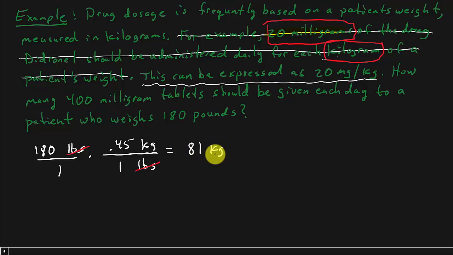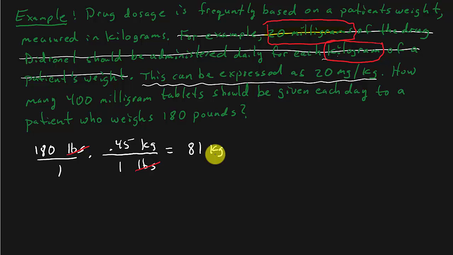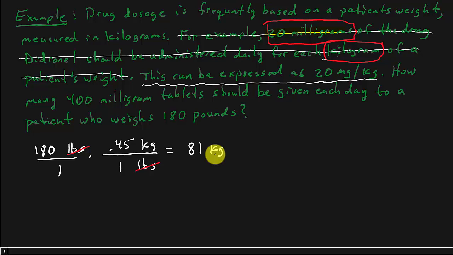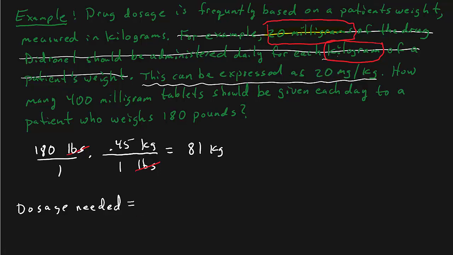All right, now let's see what we've got to do. They want to know how many 400 milligram tablets should be given each day to the patient. The first thing we've got to do is figure out the dosage they need. What's the dosage needed? They need 20 milligrams, that's this right here.